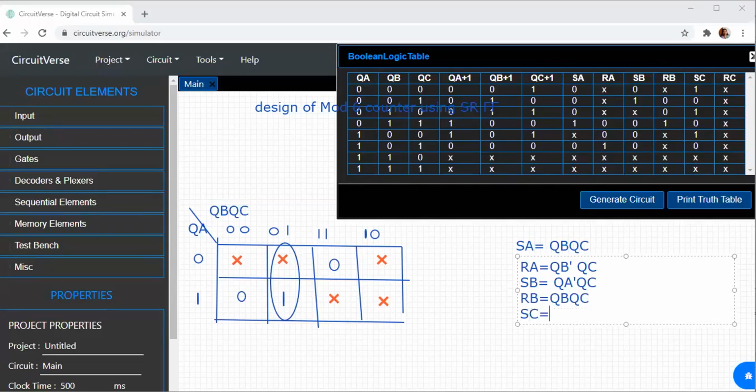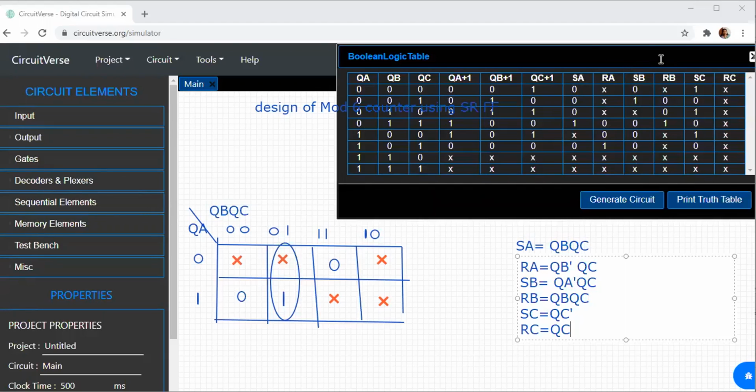SC will be equal to QC bar and RC will be equal to QC. So this can be solved using K-map. I have solved for SA and RA and I have shown. Similarly, you have to solve for SB, RB, SC and RC. So now this is done.